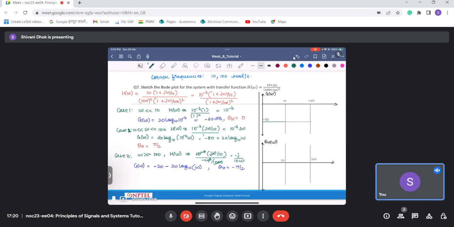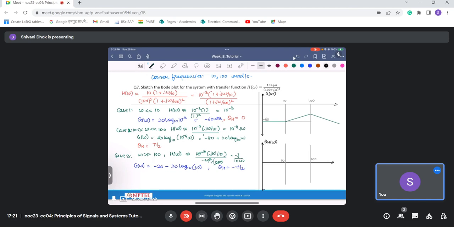After that we have a 20 dB per decade slope, which is something like this. So this is basically minus 40 dB, and after that again we have a slope of minus 20 dB per decade, which is something like this.